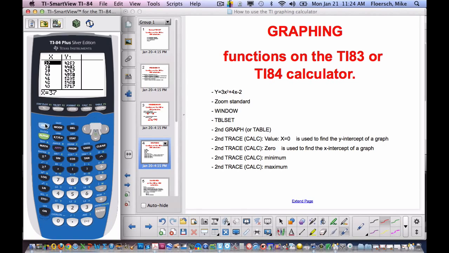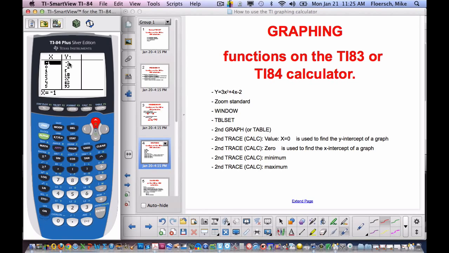So this time I'm going to go to second window, or go to table set, which gives me that blue one right there. And I want to start at 0 and go increments, or delta, or the change in the table, equal to 1. I'm going to leave it as 1. Now go back to second table. It will not change your graph, but now you can see it starts at 0, and I can scroll up if I want or scroll down.